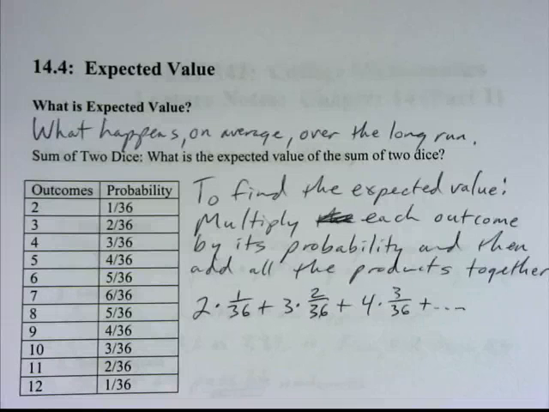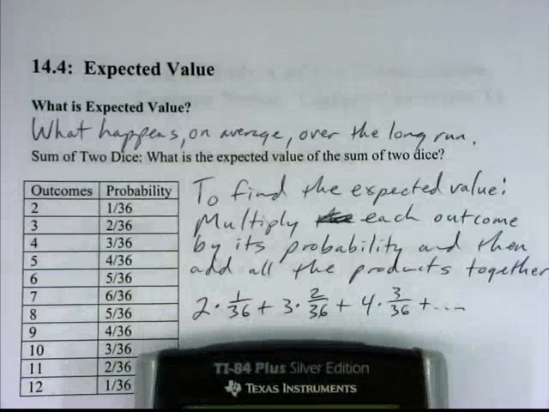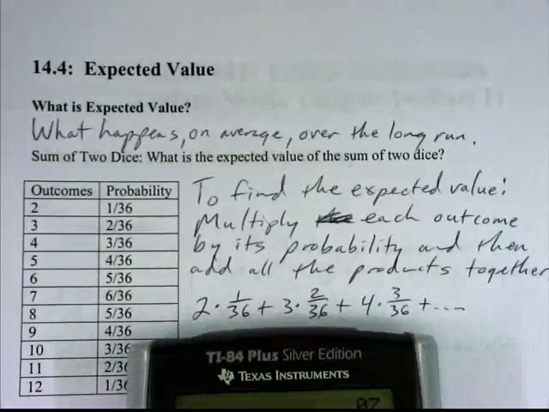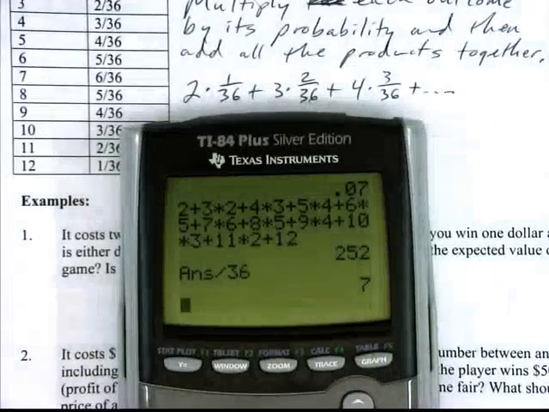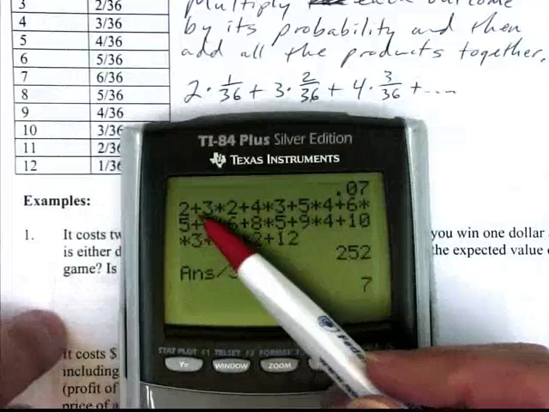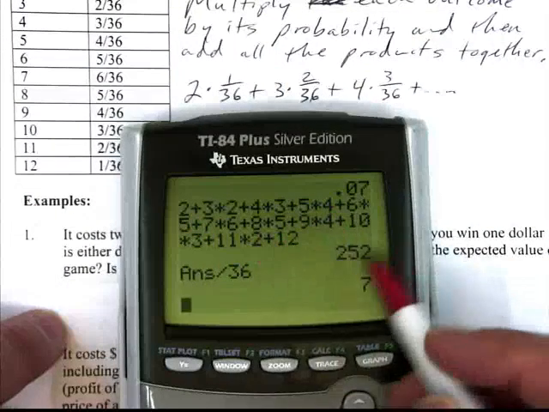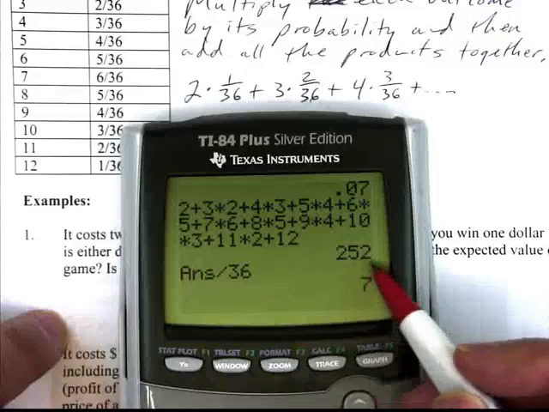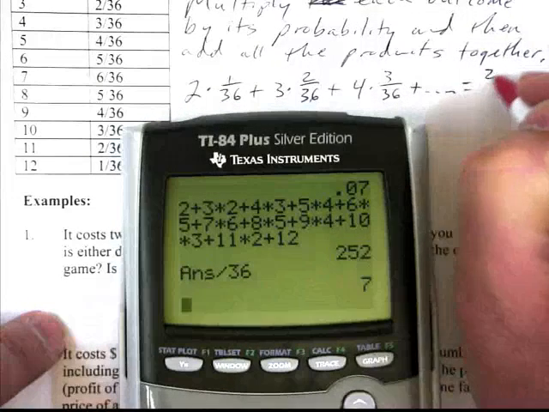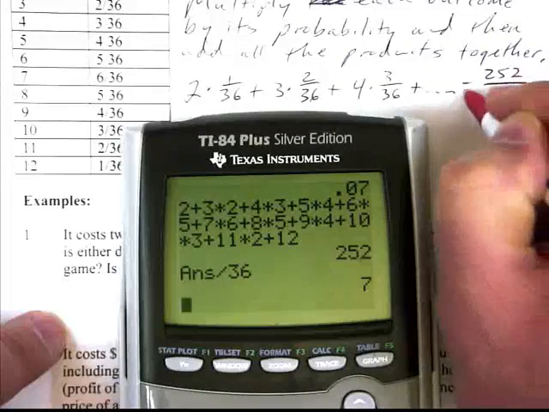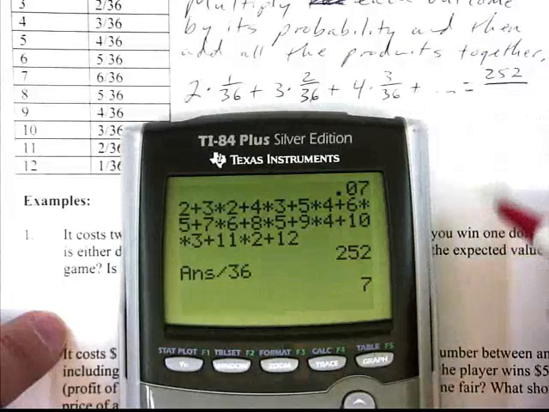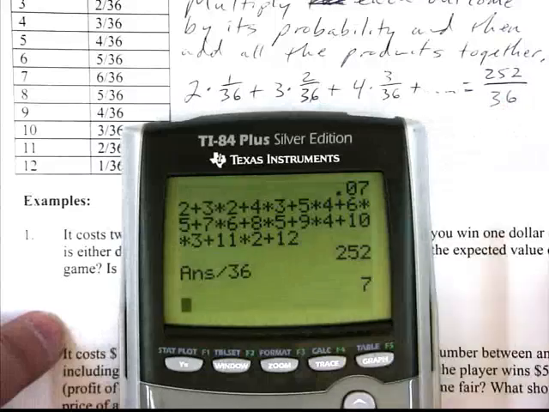And so I'm going to do all the numerators first. 2 plus 3 times 2 plus 4 times 3 plus 5 times 4, etc. My numerators come out to be 252. I have a common denominator of 36 all the way across, so that's going to give me a 36 here.